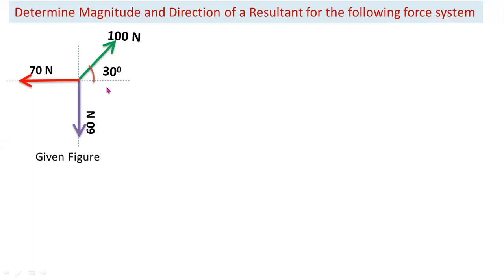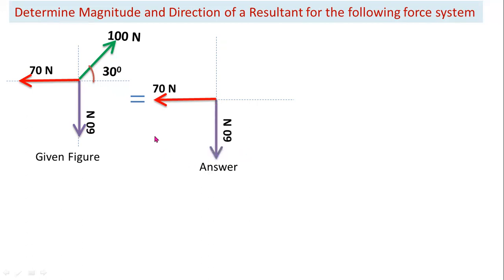First of all, you have to convert these three forces into horizontal forces and vertical forces. Now I am taking the x-axis and y-axis for converting the forces along the x and y axes. I am drawing the x component, that is, I am taking the 70 newtons force like this. Now you have to consider this 60 newtons force like this.